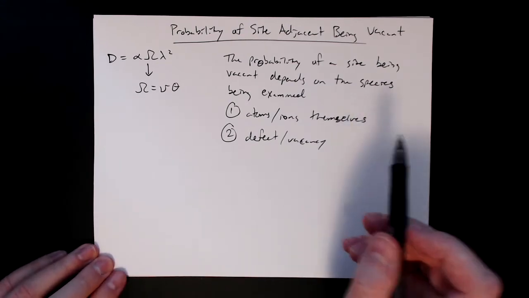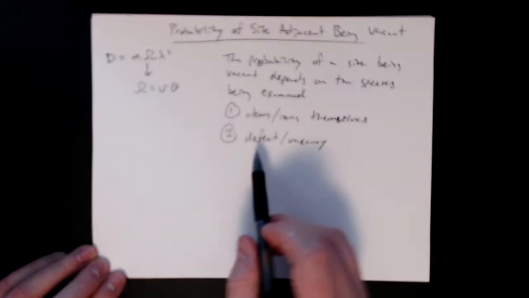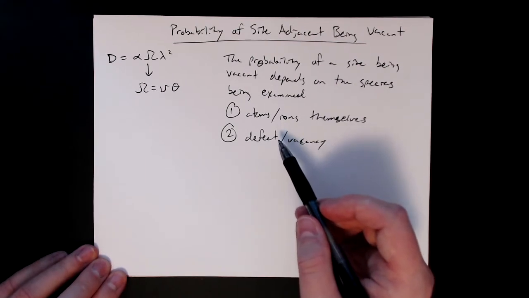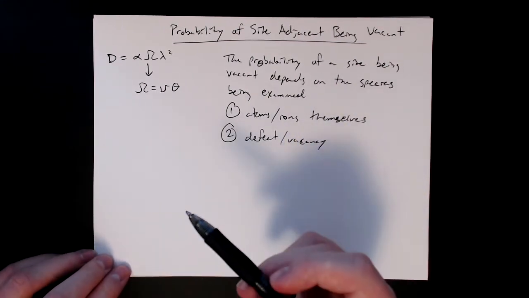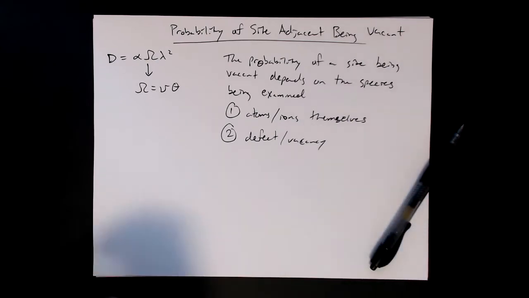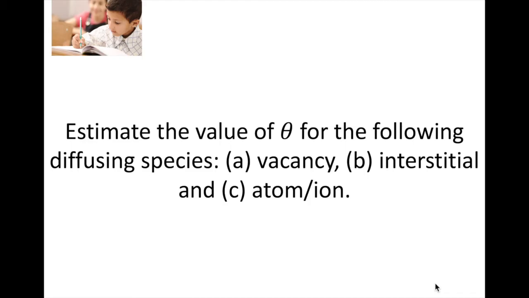So what I want you to do to get started is we're going to work an example of what you think these probabilities might be. Let me switch over to the slide so it's a little easier for you to see, and we will discuss. All right. So here's the question I want you to answer before we get too much into this. I'll give you the instructions here, then go over the quiz, fill that out, and come back and we will discuss your responses. We've just talked about theta, this probability of a site being vacant, and it depends on the species that we're actually talking about.